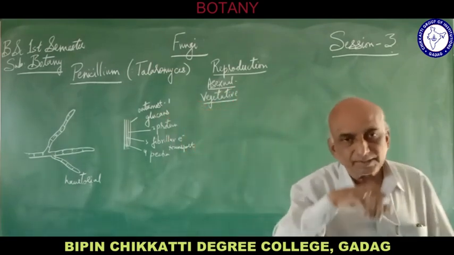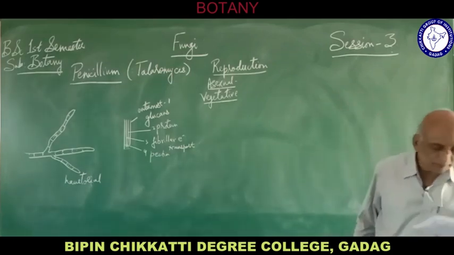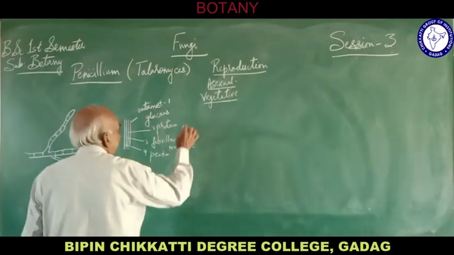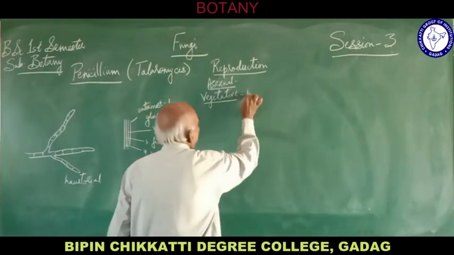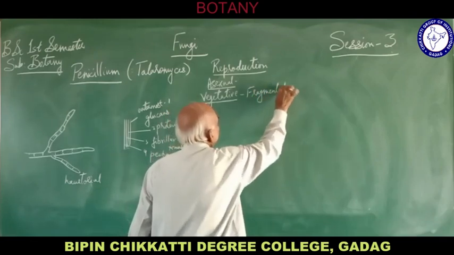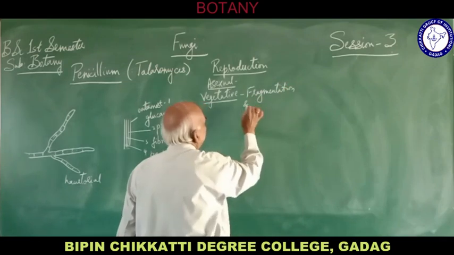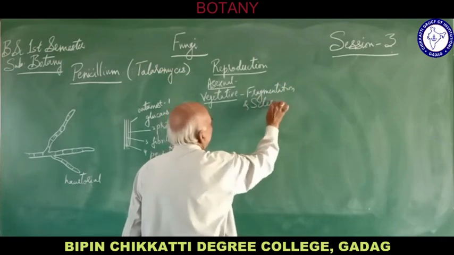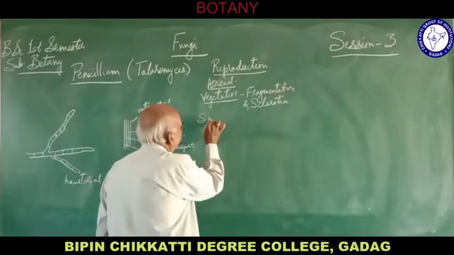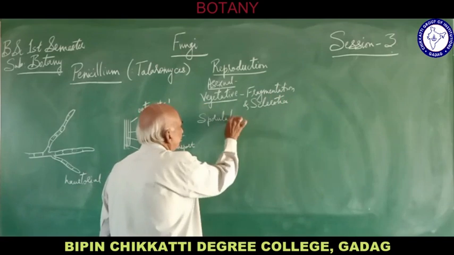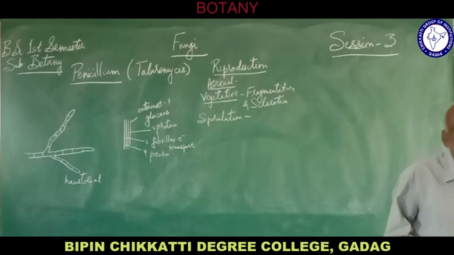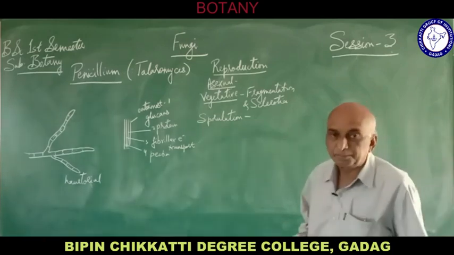The vegetative method is by fragmentation, and sometimes it also takes place with the help of sclerotia. In vegetative reproduction, fragmentation is a common method, as we have already studied in the previous case.